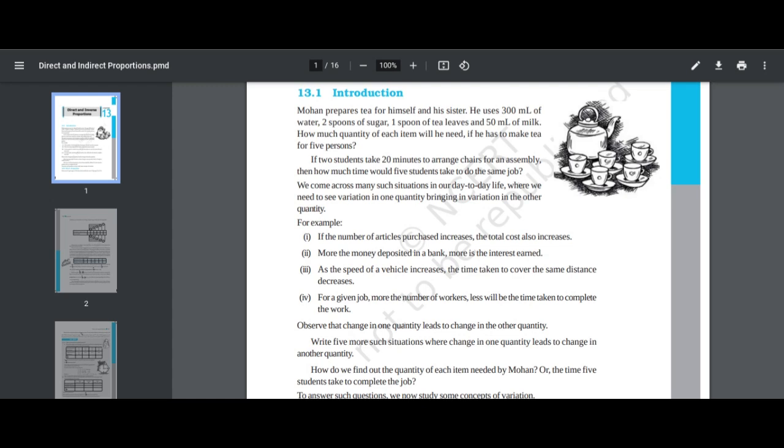No, the time will be doubled. No, increase, sorry, decrease. It means that if there are 20 minutes for 2 students, then we have to find the time for 5 students. Okay, the time will decrease, and here it will take 8 minutes like this.